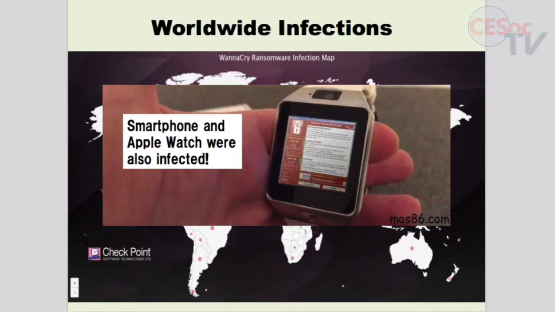So this is a worldwide infection. Many countries are infected by WannaCry, and this is provided by Check Point. Smartphones and Apple Watches were also infected. So this kind of ransomware is currently connected to a worm function, which is distributed worldwide.